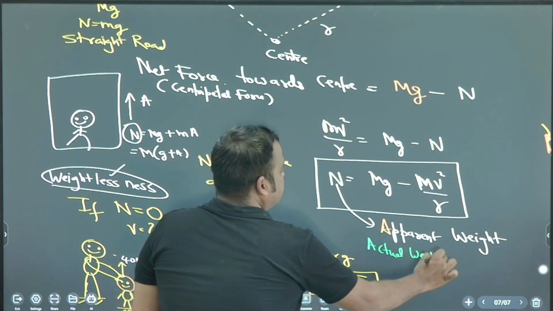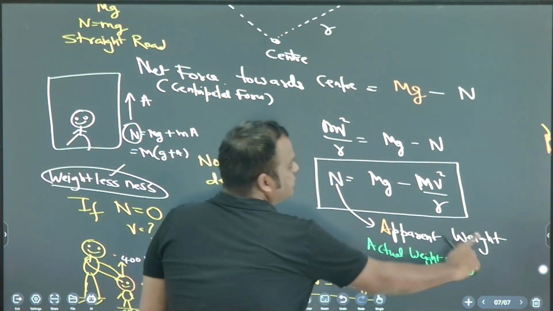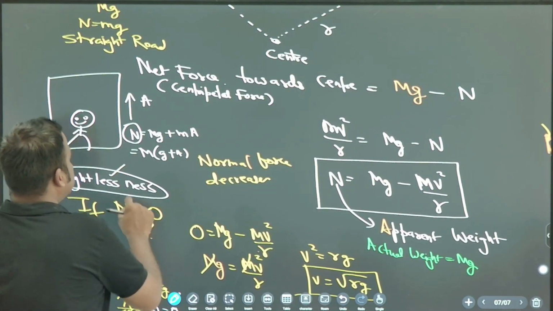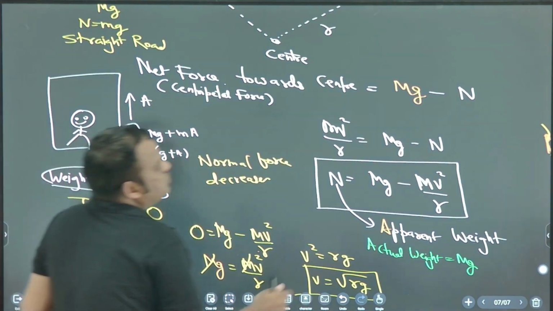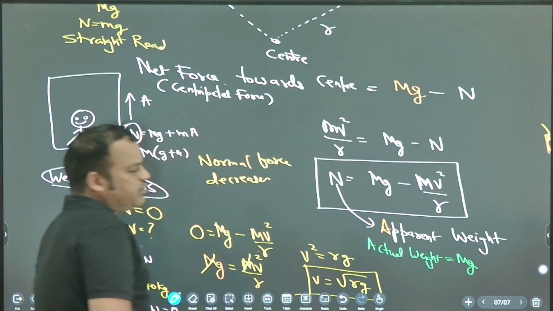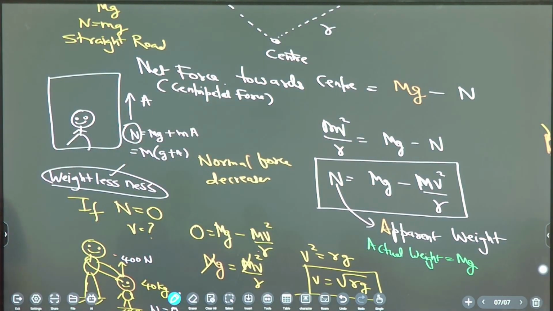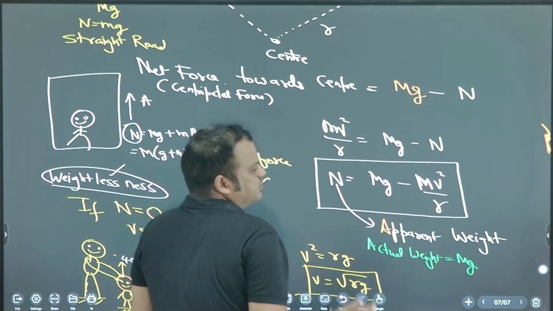Actual weight is equal to mg. And what is the formula for apparent weight? Apparent weight means normal. So what is normal here? Mg minus mv square by r. Understood?